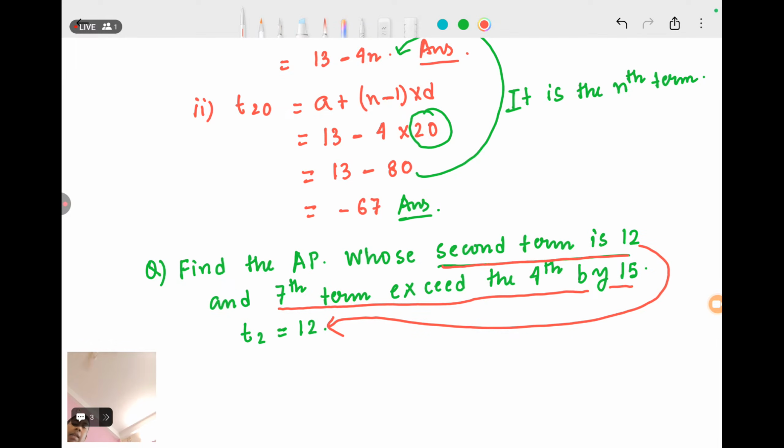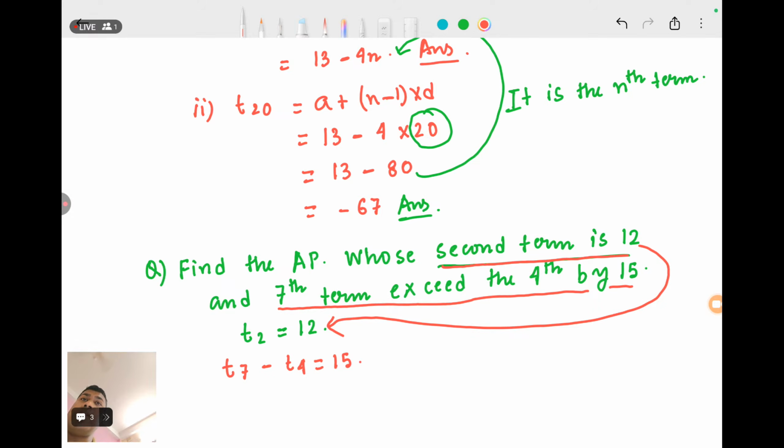So it is written as T7 minus T4 is equal to 15. The difference between the seventh term and the fourth term is 15.